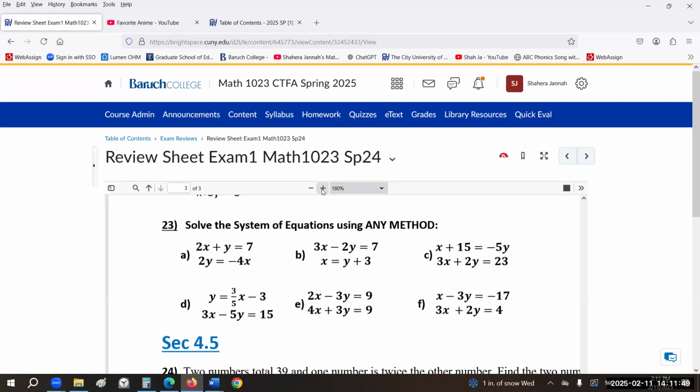Negative 9 divided by 9. 9 divided by 9 is 1, so y is negative 1. You know what I'm saying? Then this is back to numbers.